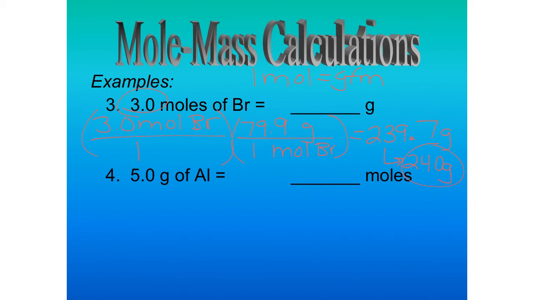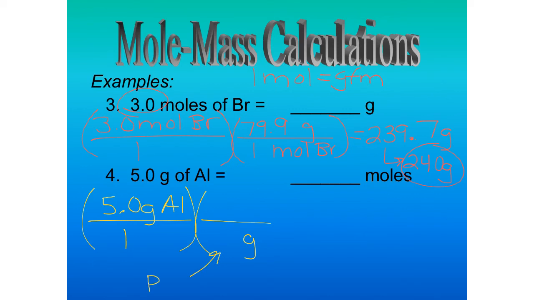All right, last one. We are given 5 grams of aluminum. Take what you're given, put it over 1. This time we need to cancel grams. Grams goes in the denominator. The value for our number that goes with grams comes off of the periodic table. Aluminum has a mass of 26.98 grams.